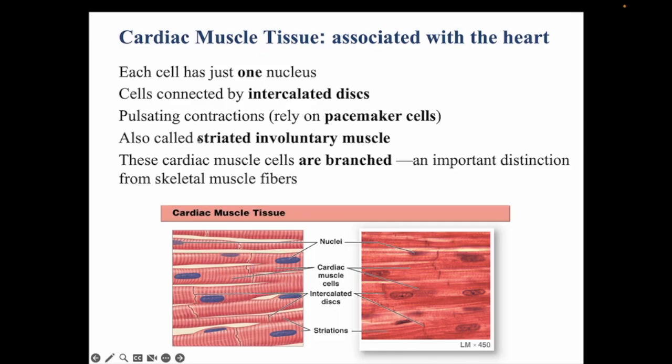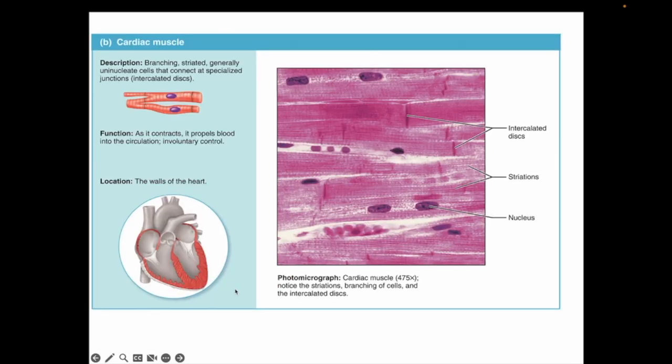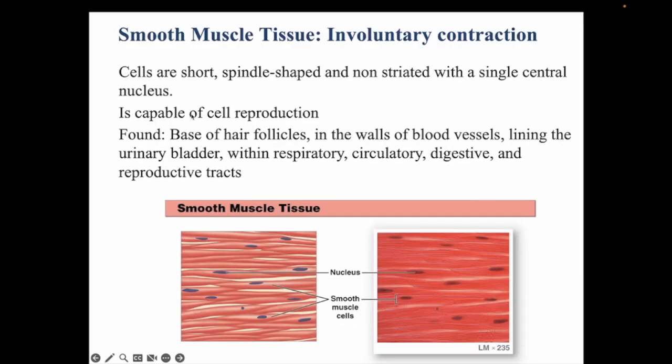So sometimes they call it striated involuntary muscle, and they are branched. They form these Ys. This even shows you a little bit more. And then the smooth muscle, which is for involuntary contraction. Think about anything inside of the body that needs contraction, that's not the heart, has smooth muscle.